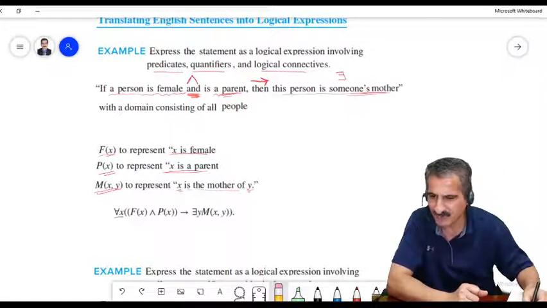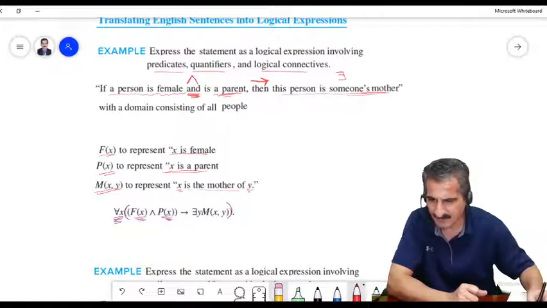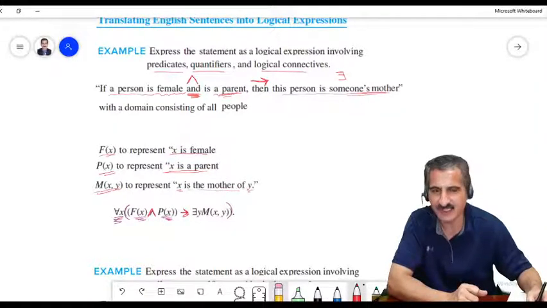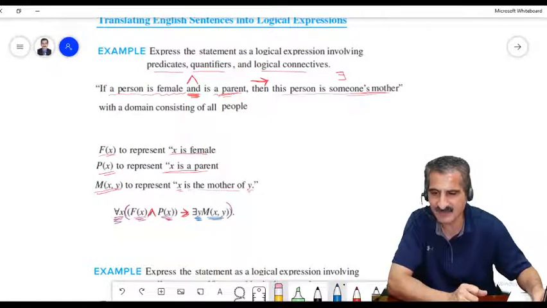So for every person, if she is a female and she is a parent, now you see this "and" here with red, it is the "and" above there I made. Then if she is F(x) and P(x), female and parent, then there exists y such that x is a mother of y. Okay.